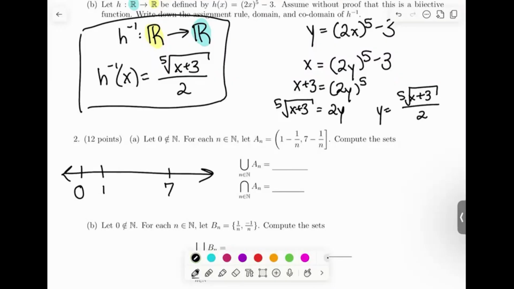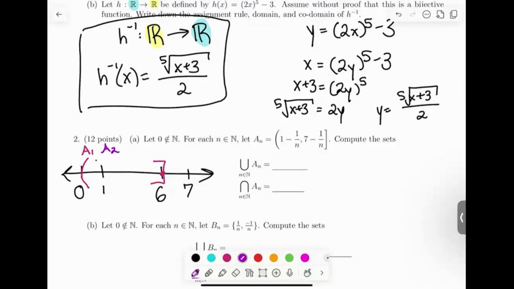And 7 minus 1, that's 6. I should probably give myself a bit more room. So these are my main characters. Maybe my A1 goes from 0 open bracket all the way to 6 closed bracket. Pretend like that's actually hitting 6.